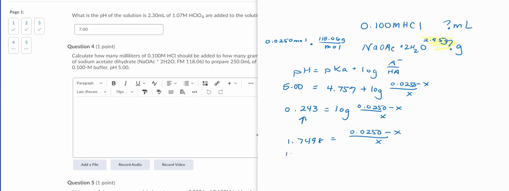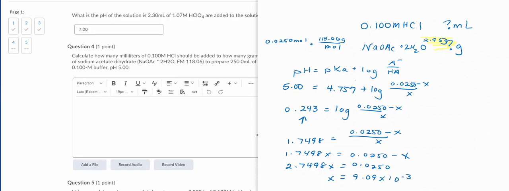Multiply both sides by X. Add x to both sides, so 2.7498x equals 0.0250. Divide both sides by this 2.74 number, and I get x is 9.09 times 10 to the negative 3.